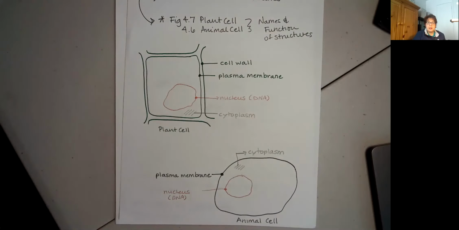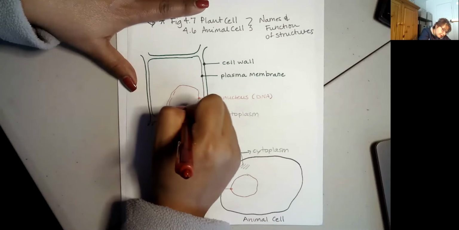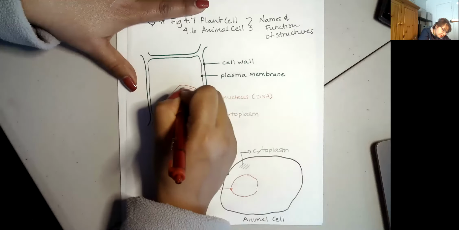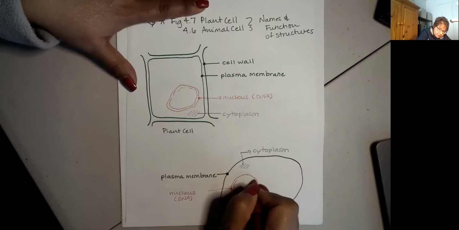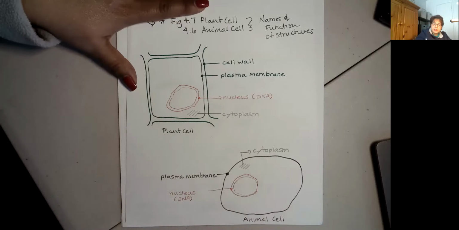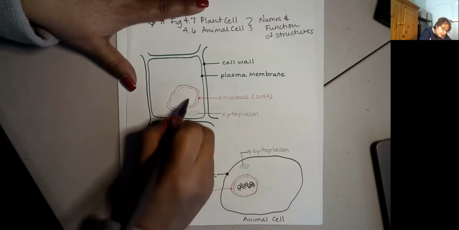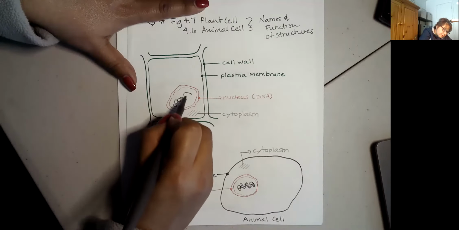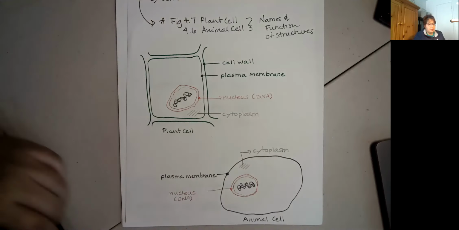So this is literally a bag, and it's actually a double bag. There's two bags. It's a bag inside of a bag. And the bags are not perfectly solid. They have all these tiny little holes. But that's where you're going to find the genetic material, or the DNA, of your plant and your animal cell: inside the nucleus.